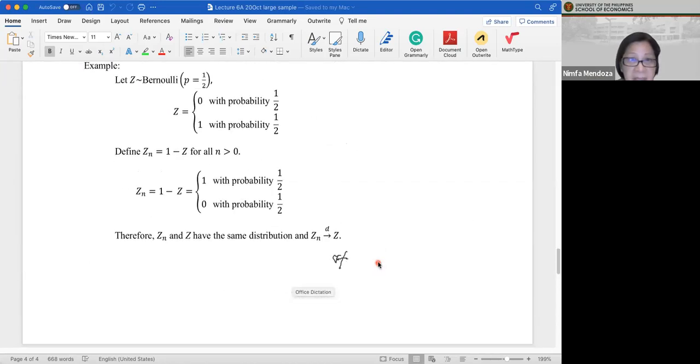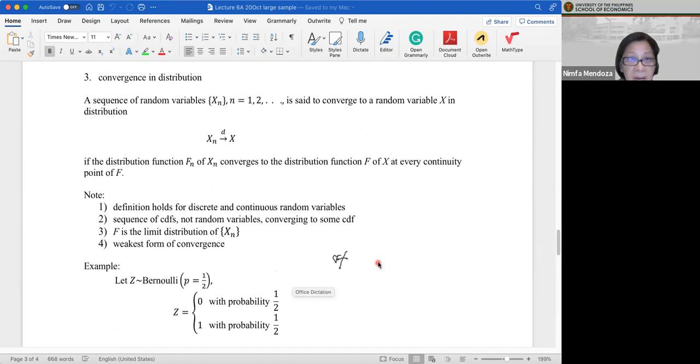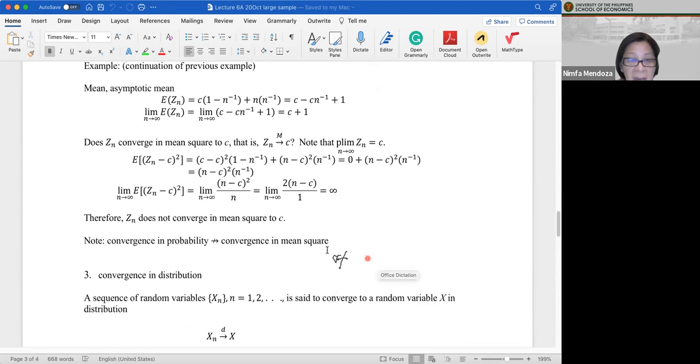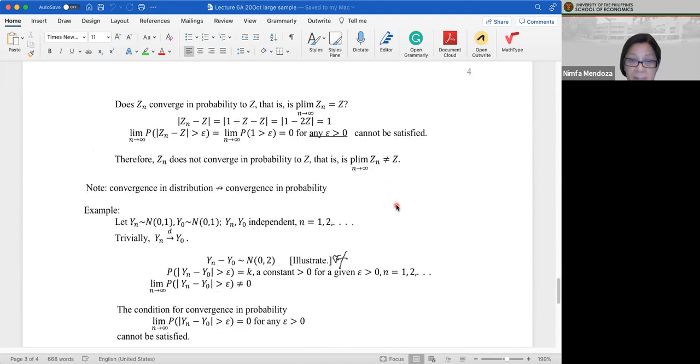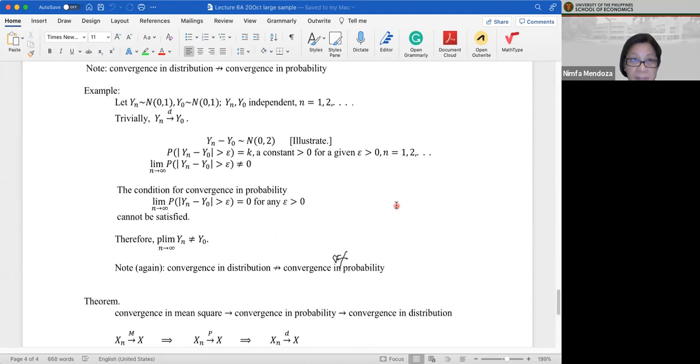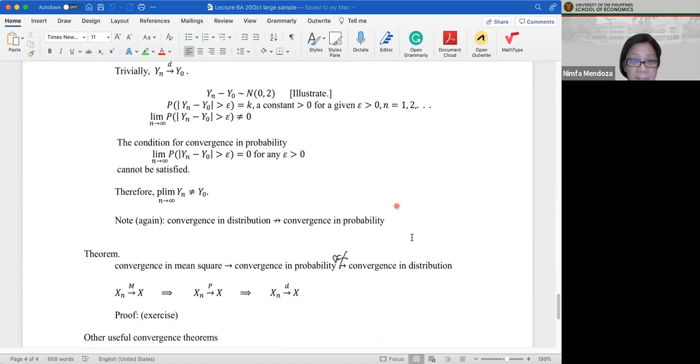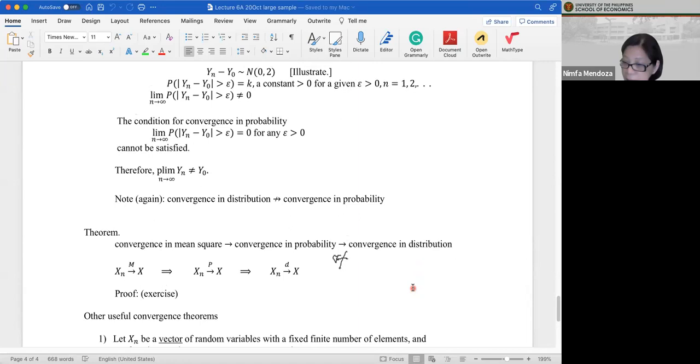And in our earlier example, we have shown convergence in probability does not imply convergence in mean square.